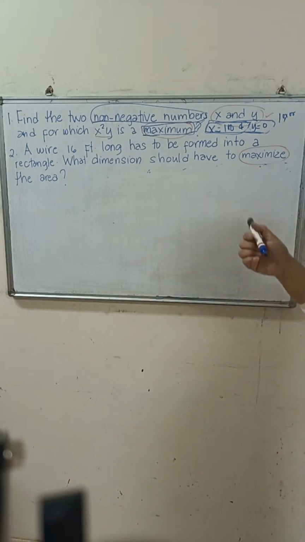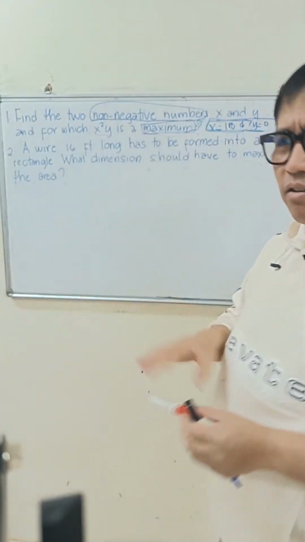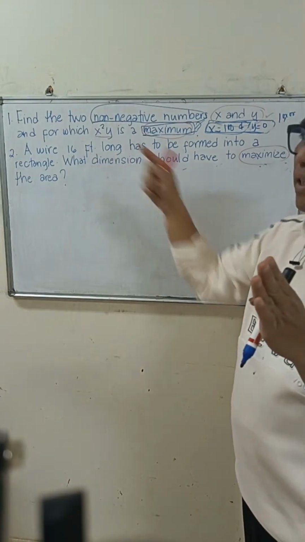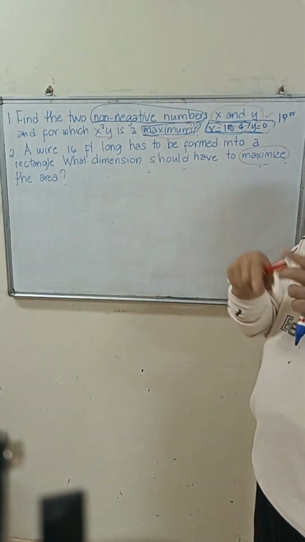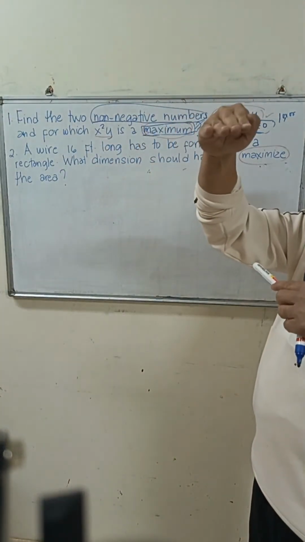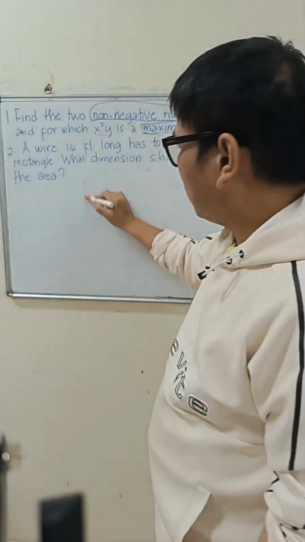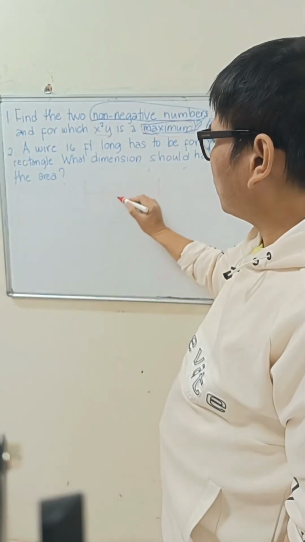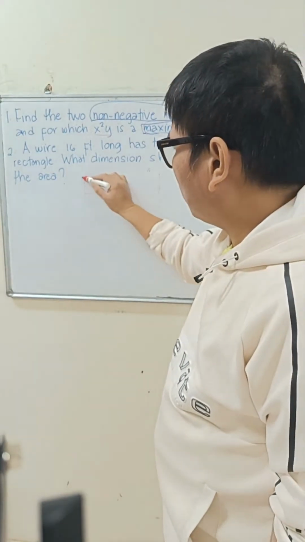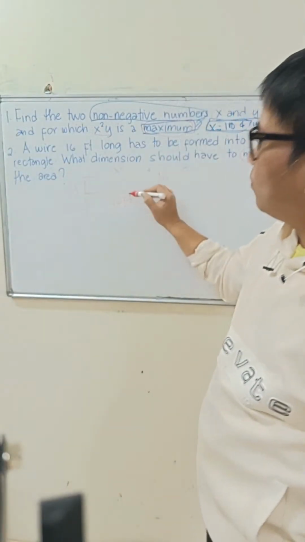See, 16 feet long, then you need to make that into a rectangle. So you need to fold this 16 feet so that it becomes a rectangle, with 2 heights and 2 widths using this 16 feet alone.